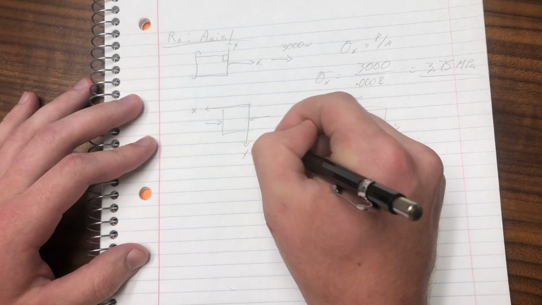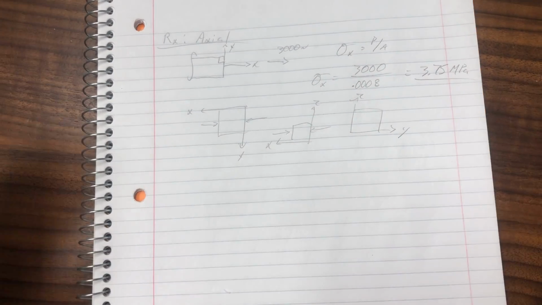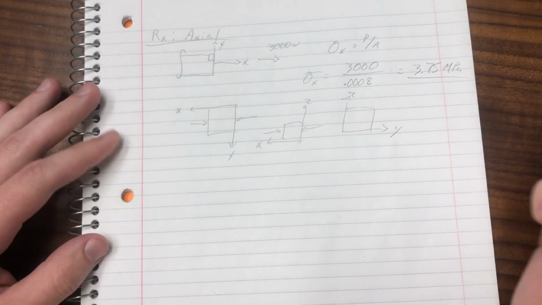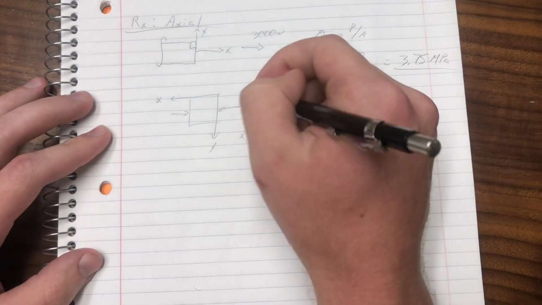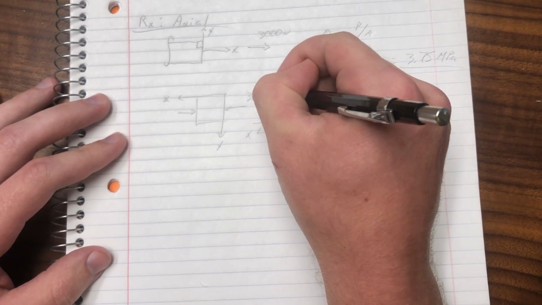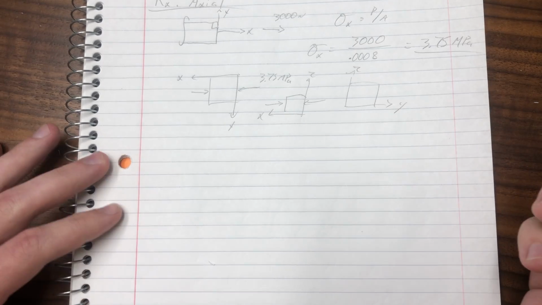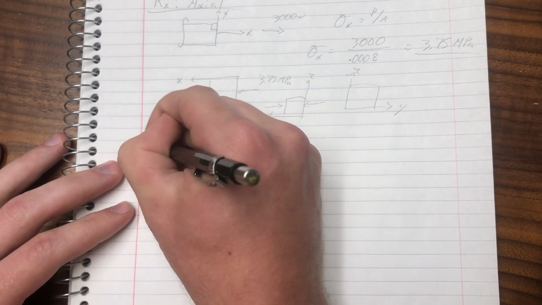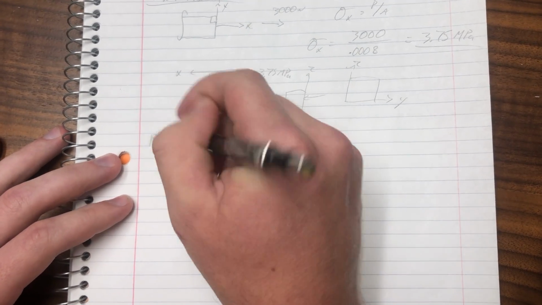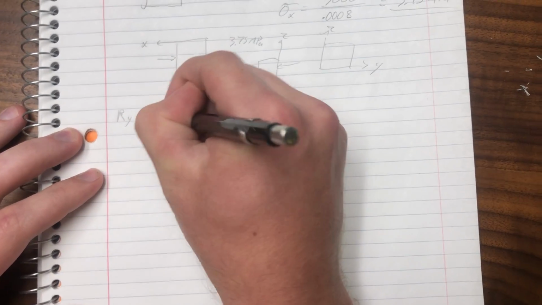Oh, sorry, I didn't label these. This is xz, zy. And each one will just be 3.75 megapascals and in compression. So the next part we're going to do, we're going to look at the Ry reaction force, and that'll cause a transverse shear.